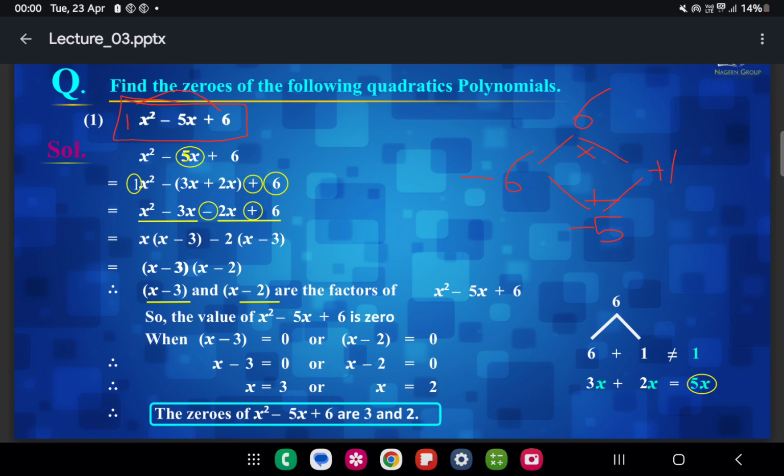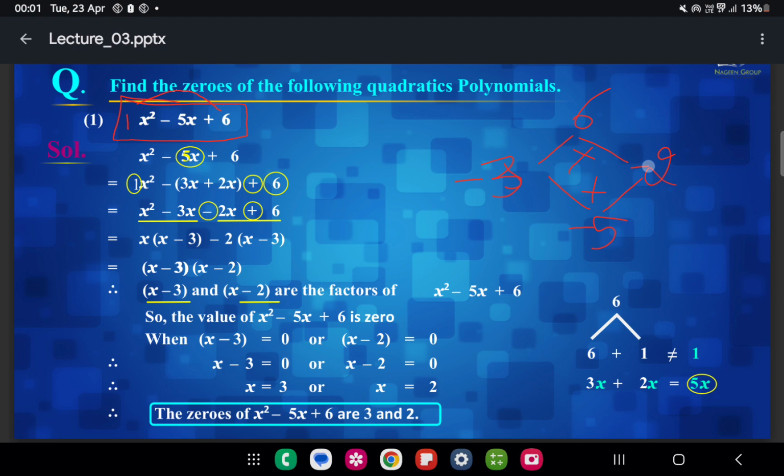So take another number. We can take another number as 3 and 2, that is 3 twos are 6. If you multiply 3 and 2, you will get 6, and if you add 3 plus 2 you will get 5, but the minus sign is there.